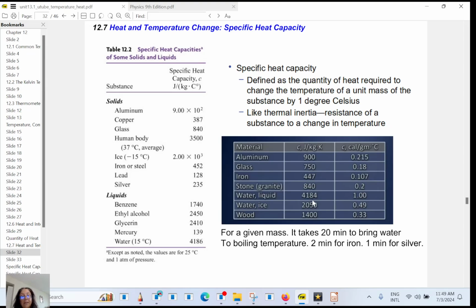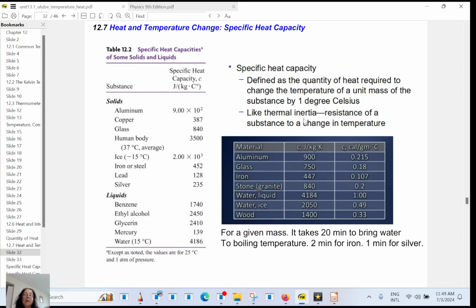So it means it takes a lot of energy to change the temperature of water by a tiny bit. So we can say that water has a lot of thermal inertia. It's resisting the change in temperature. It means also that water can contain a lot of thermal energy.